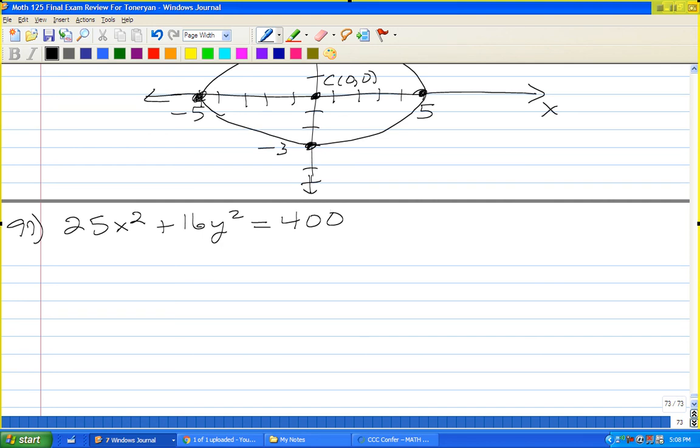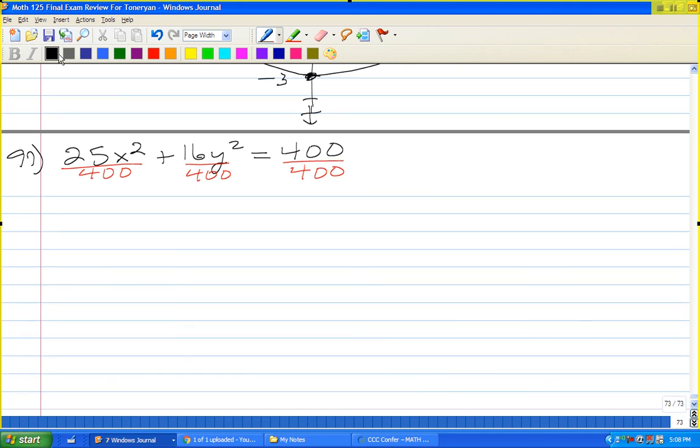So let me divide both sides of my equation by 400. And so I have x squared over 16 plus y squared over 25 is equal to 1.